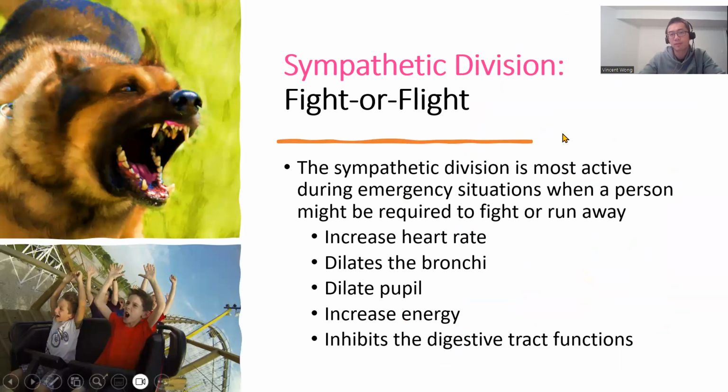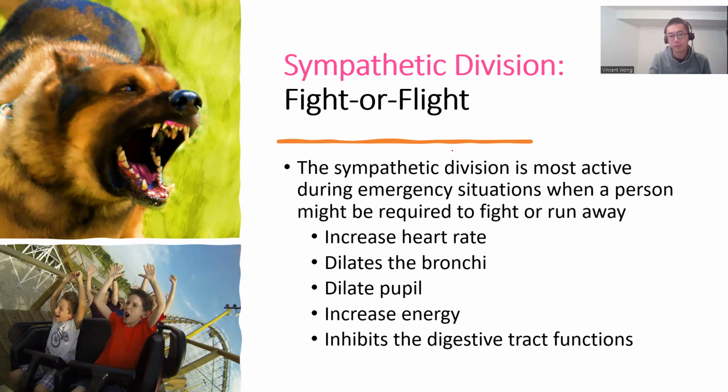Sympathetic division, like I said, is for fight or flight. It's most active during emergency situations. You're walking in the park, and then this angry looking dog is running towards you. Then your body activates a fight or flight response. Do I fight this thing or do I run away from it? Either way, the response requires a lot of energy.